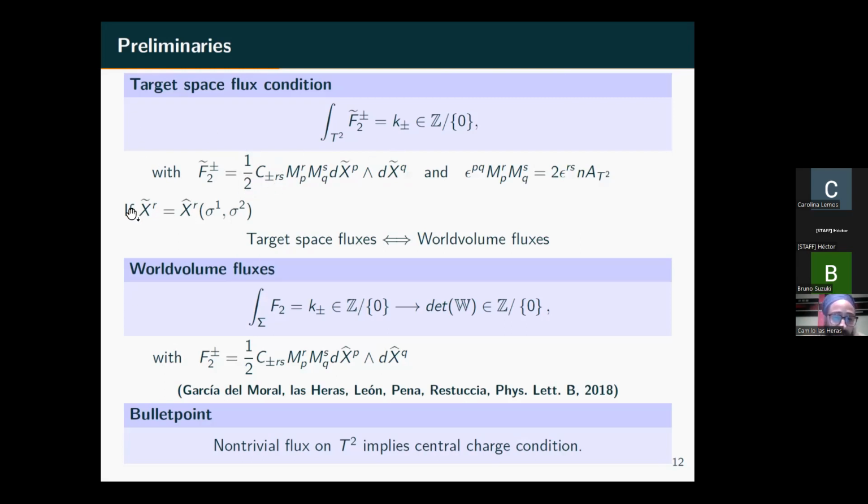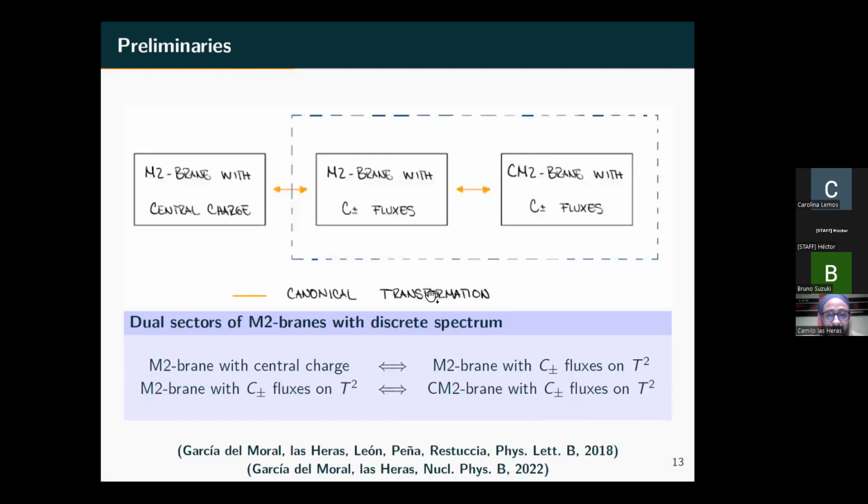So if we do this and we identify the coordinates of the torus with the embedding map of the M2 brane on the target space, it can be checked that these target space fluxes imply the worldvolume fluxes, which are characteristic of the central charge sector. All right, so what we have found is that non-trivial fluxes on T2 imply the central charge condition, okay?